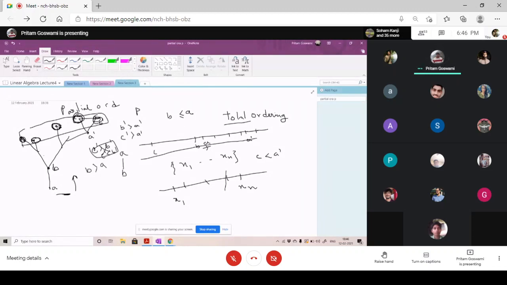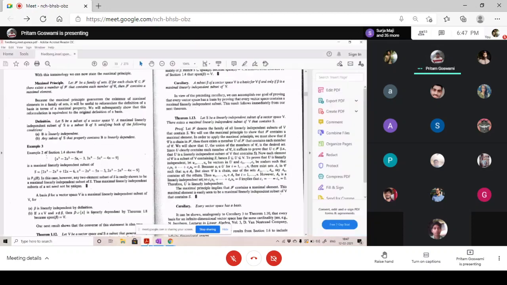Right? Yes, sir. So a basis is a maximal linearly independent set in a vector space. Got it? Yes, sir. Repeat again: a basis is a maximal linearly independent subset of the vector space.